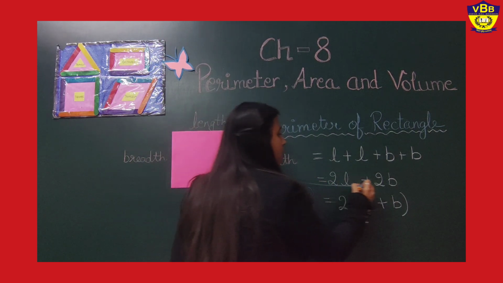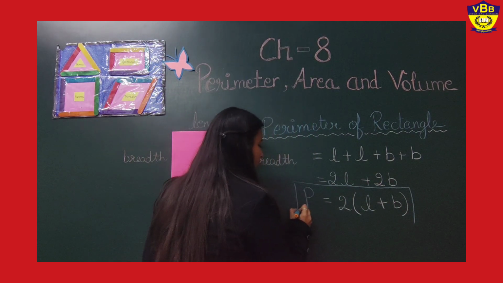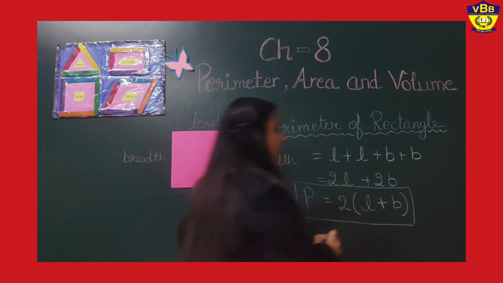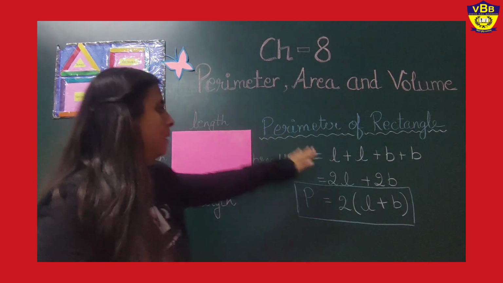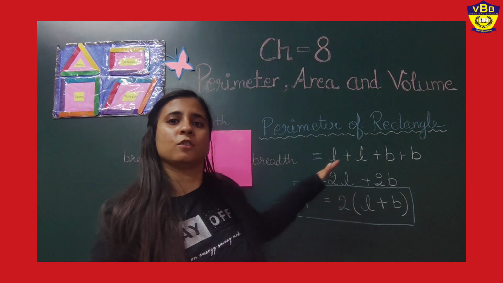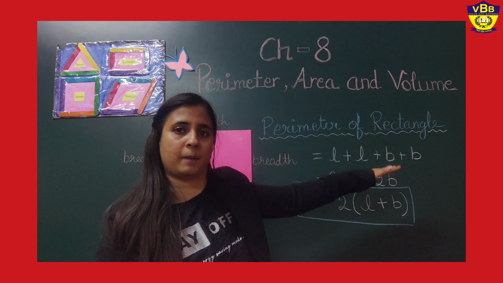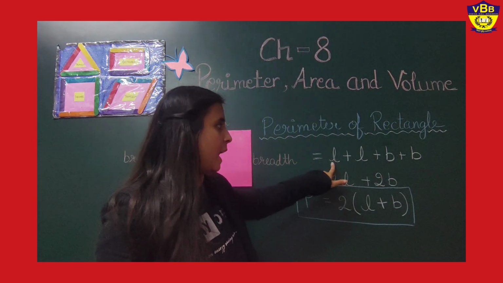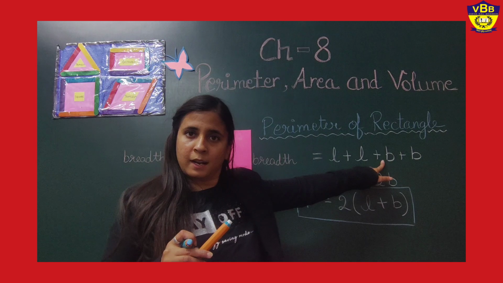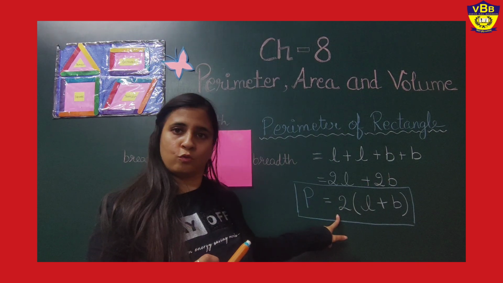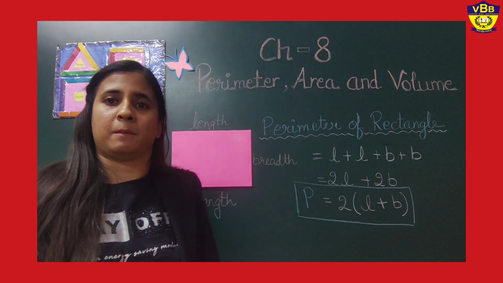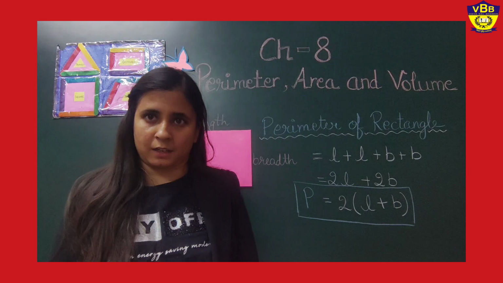Instead of adding length, breadth, length, breadth, which is going to take more time, I can add length and breadth and multiply by 2. We will get the perimeter of the rectangle.